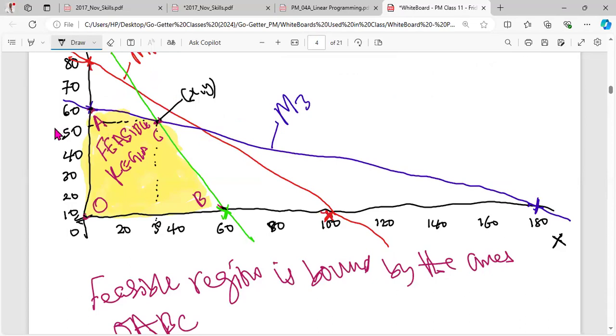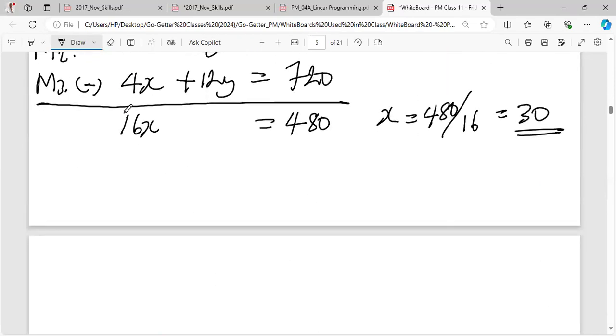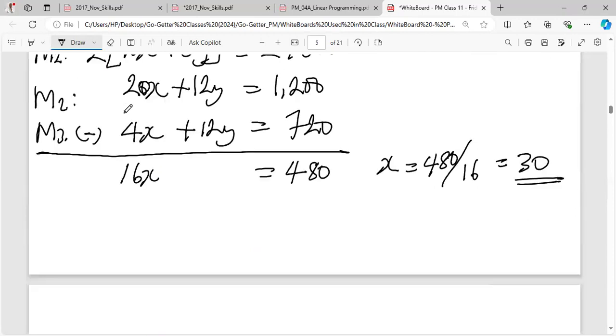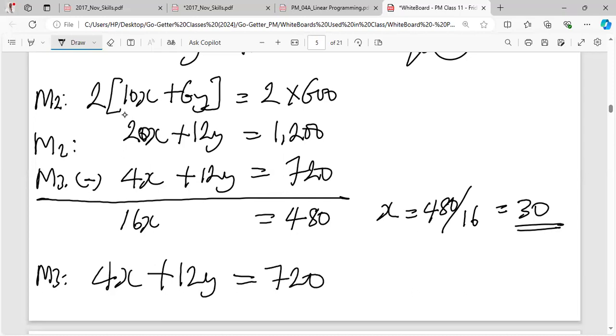Let's see if our y will give us 50 as predicted. So you will now need to take this value of x and use it in any of the equations to find y. So let's use it in M3. M3 is 4x plus 12y is equal to 720.